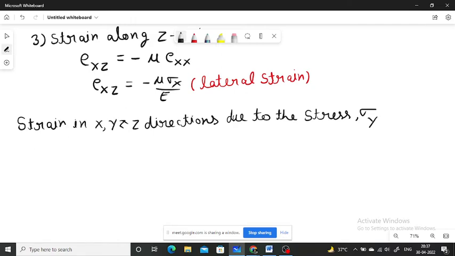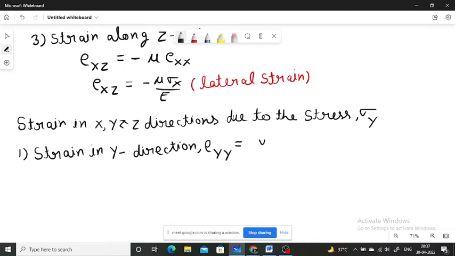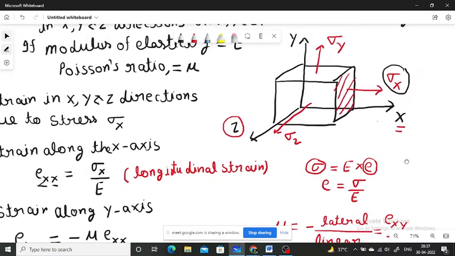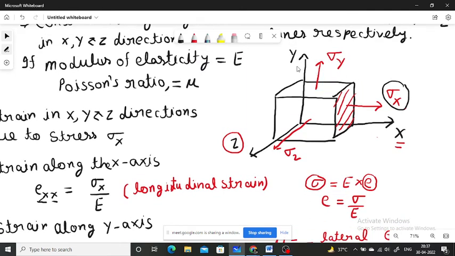First, strain in y direction will be Eyy, equal to the stress upon modulus of elasticity, because the stress sigma y is acting along the y-axis.